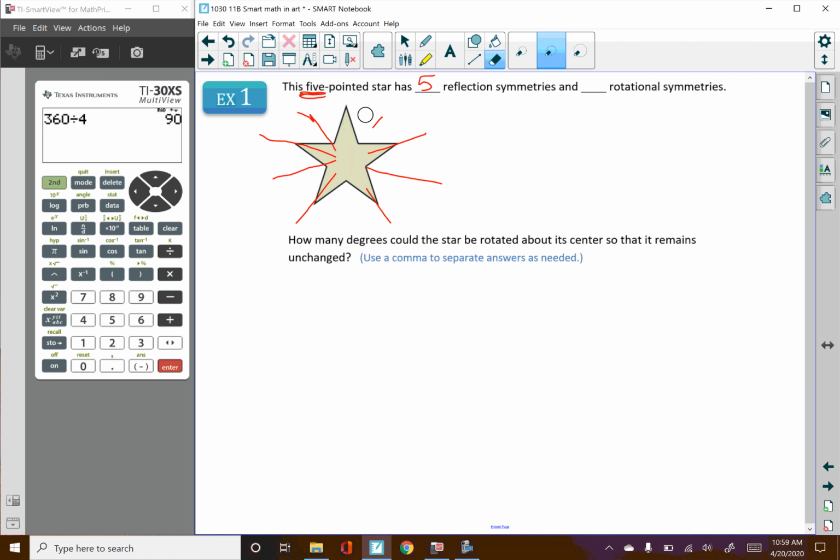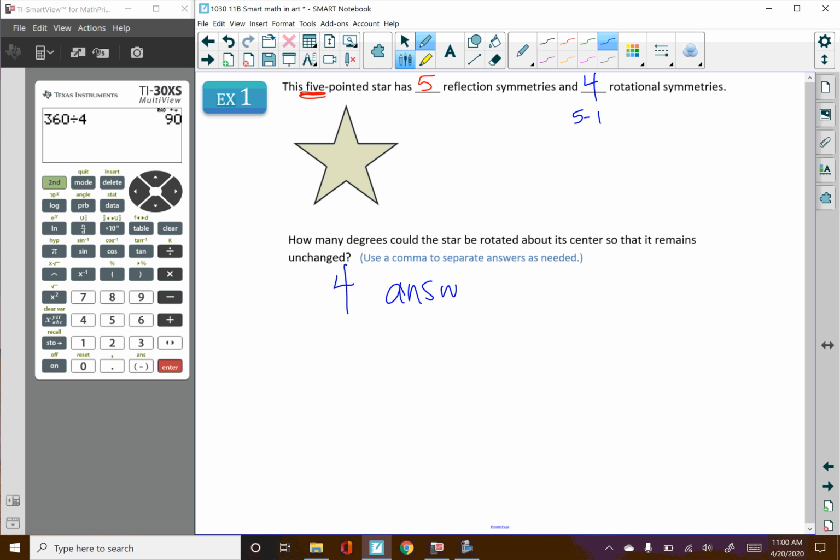Now for the rotational symmetries, we know that there will be one less rotational symmetry. So there are only 4, and that comes from subtracting 1. So if we wanted to put in our answer for how many degrees the star could be rotated so that it remains unchanged, we are going to have 4 answers here to go with our 4 rotational symmetries.